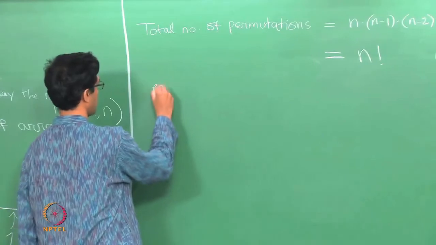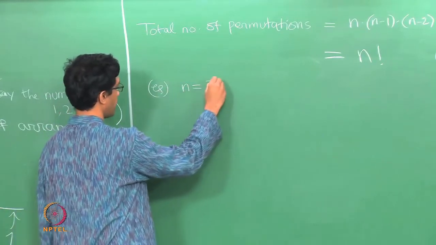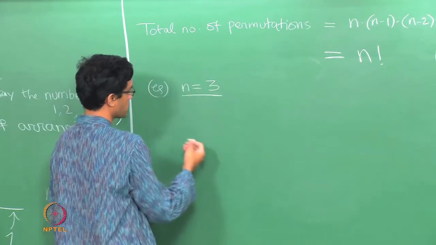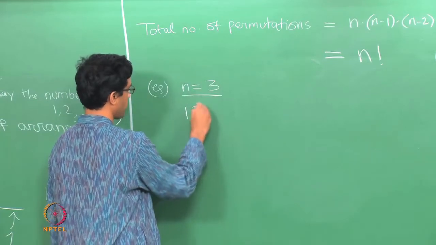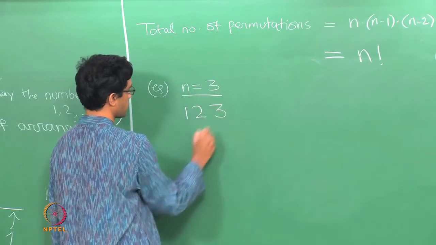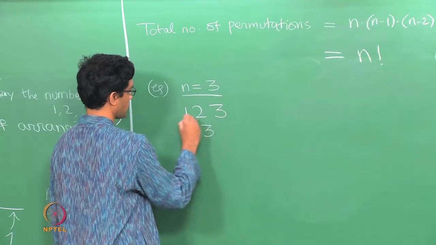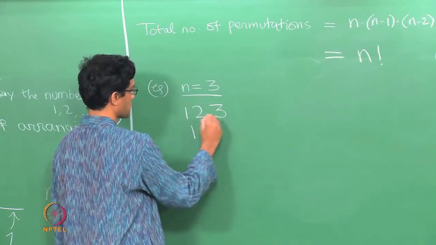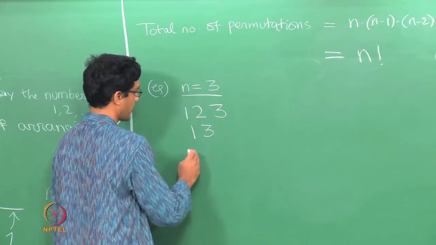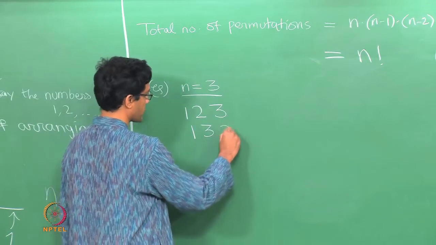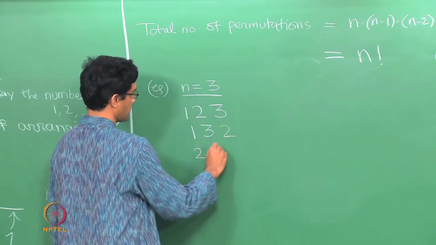So for example, if you take n to be 3, so you look at the three numbers 1, 2 and 3, the number of ways of arranging them in a line is 6. So these are the three positions. I put 1 in the first place, 2 in the second place, 3 in the third place; 1 in the first place, 3 in the second place, 2 in the third place, and so on.